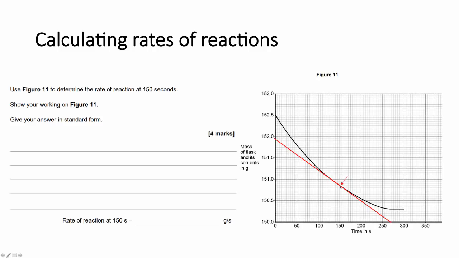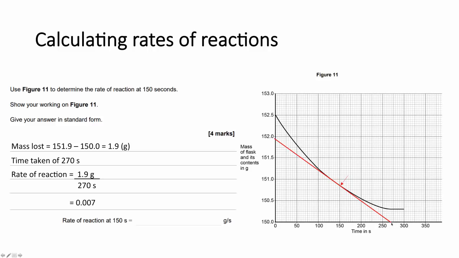Once we've done that, just like before, we work out the gradient of this line, so we take the difference in the y-axis, which is going to be 151.9, take away 150, so 0.9, and then where it intersects the x-axis, the difference in the x-axis, and we get mass loss is 1.9 divided by, coincidentally, 270 again, and we have a gradient of 0.007.